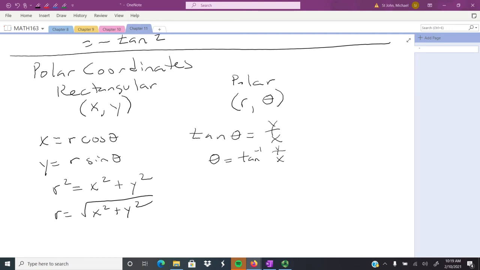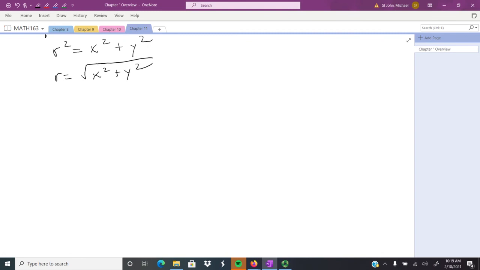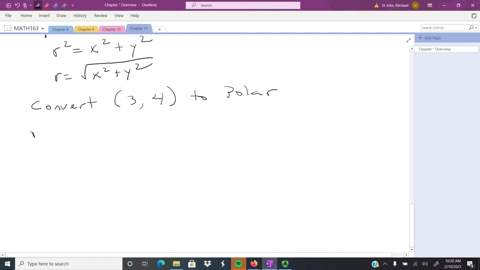So let's look at an example as to how I do this conversion. Let's say we want to convert the point 3, 4 to polar. Well, r is going to be the square root of 3 squared plus 4 squared. So this is going to give us 5.